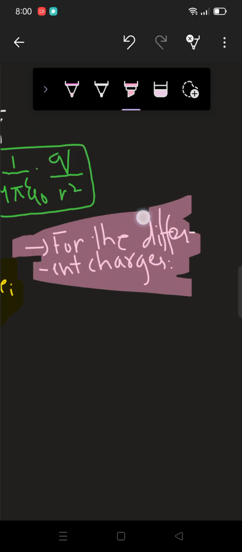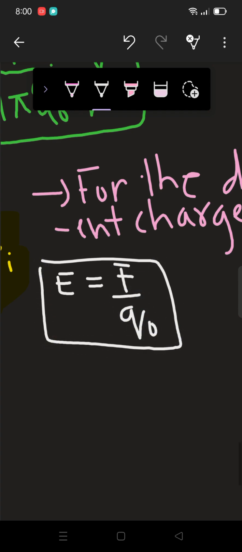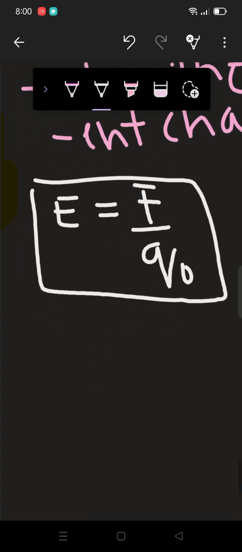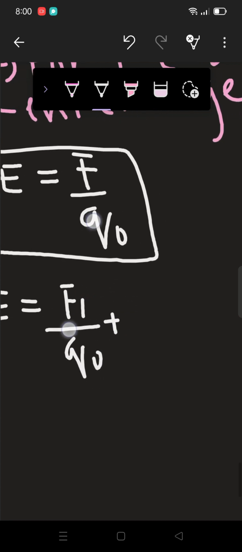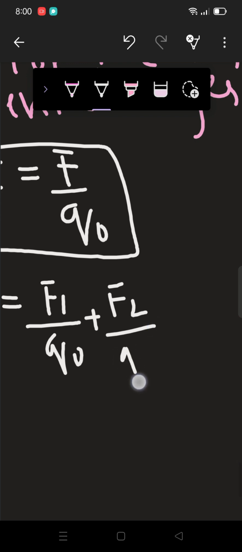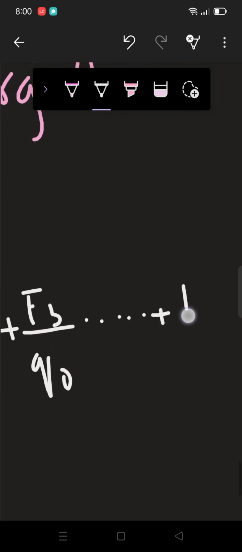Let us see what would be the field for the different charges. We know that there will be different forces as well. We know that E is equal to F upon Q naught, force per unit positive charge. Now the forces are different, so F1 upon Q naught plus F2 upon Q naught plus F3 upon Q naught and so on till Fn upon Q naught.